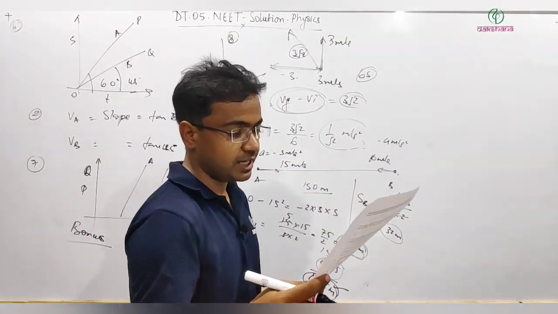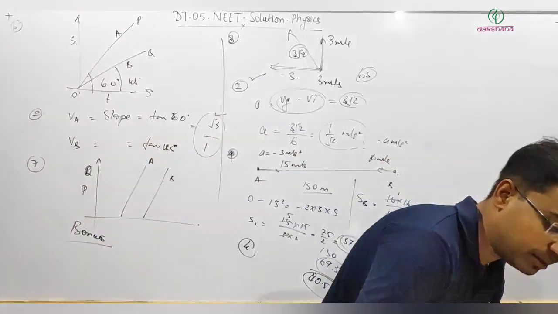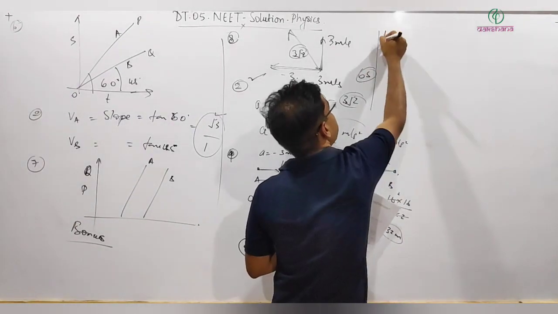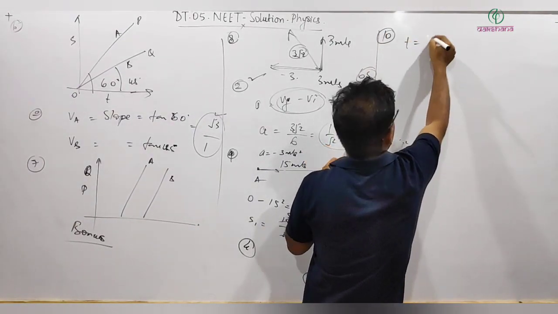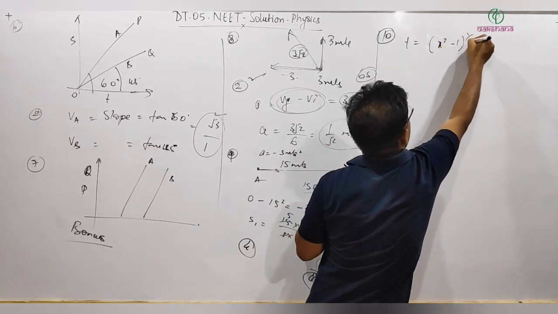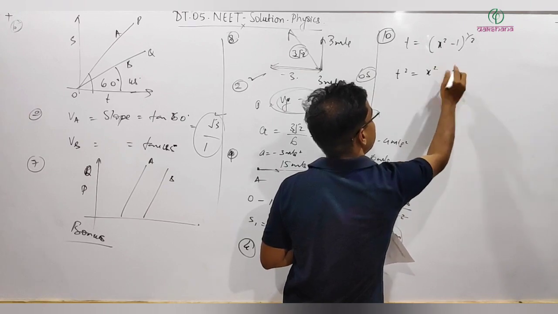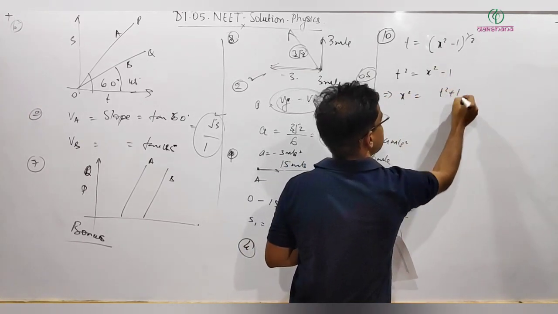Next, question number 10. A point moves in a straight line so that displacement x meter at time t second is such that t is equal to x square minus 1 to the power half. So squaring both sides, t square is equal to x square minus 1, and this implies x square is equal to t square plus 1.